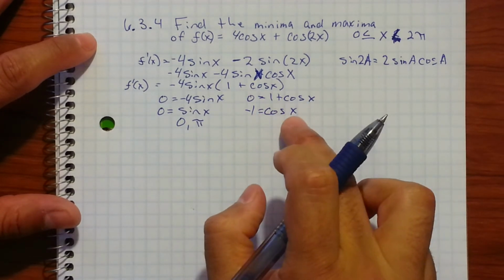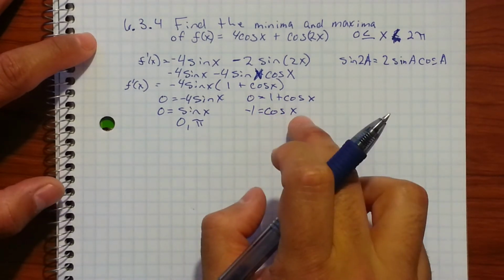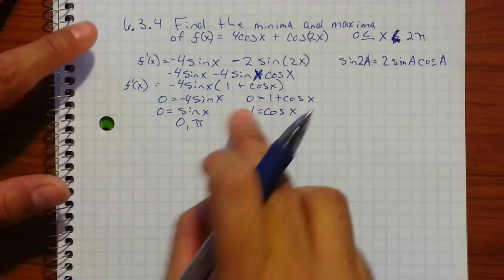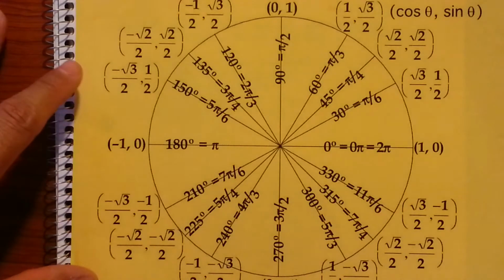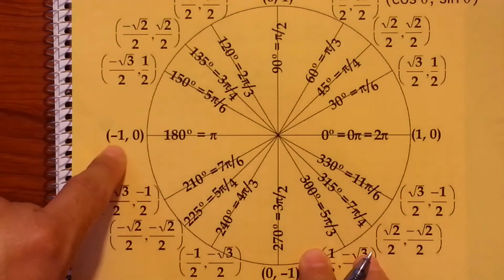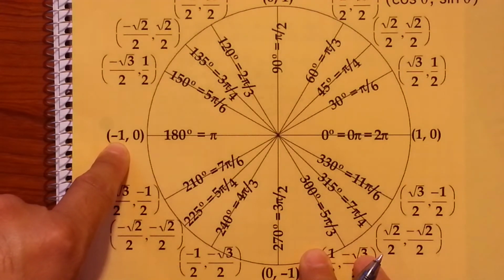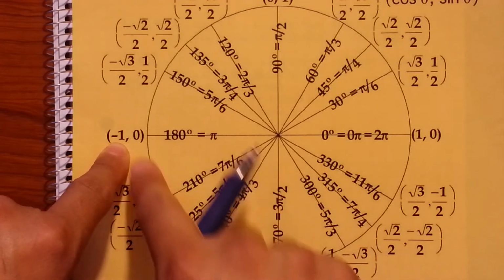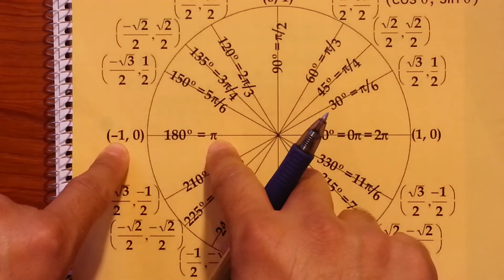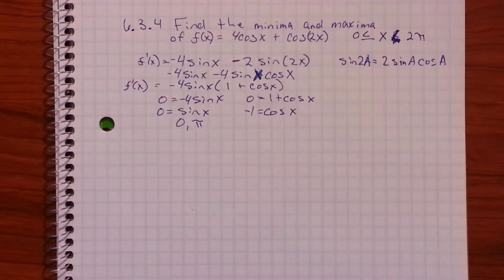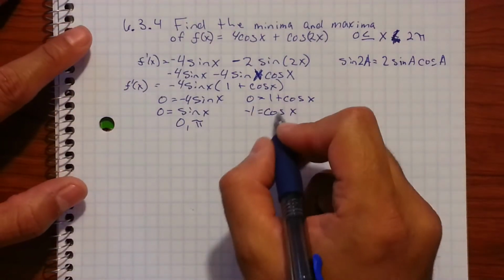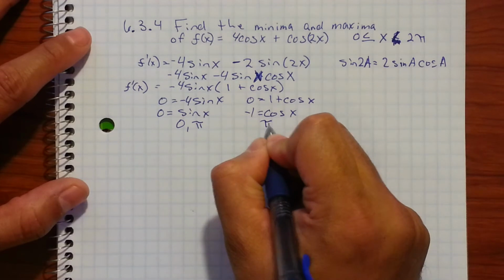Now there's only one place where cosine is going to be equal to negative 1. Cosine is the x value, so at pi, cosine is -1. So this one's going to be pi.